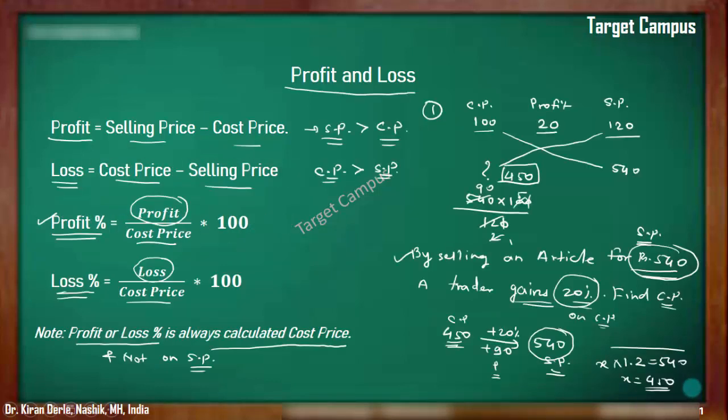So there are two, three methods of doing this kind of question. I hope you have understood what this means: profit or loss percentage is always calculated on cost price. I would recommend you to rewind this video again to understand this logic, because this is going to help you in more than 50% of profit and loss in any competitive or aptitude related exam.